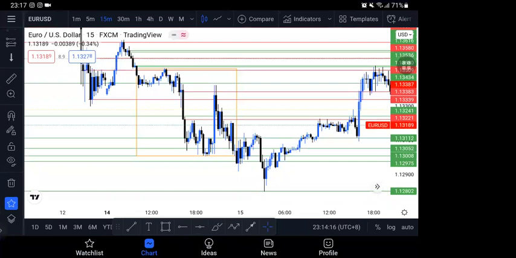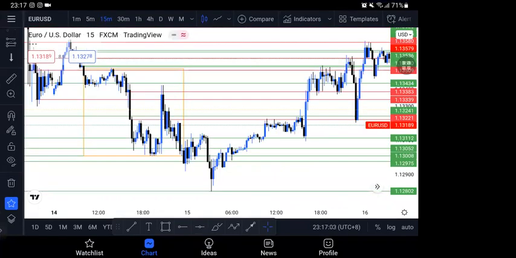Because some people think about whether it is a high risk or low risk entry. The truth is the risk on the entry is just the same. What is different is the range of your cut loss, the range of your stop loss.